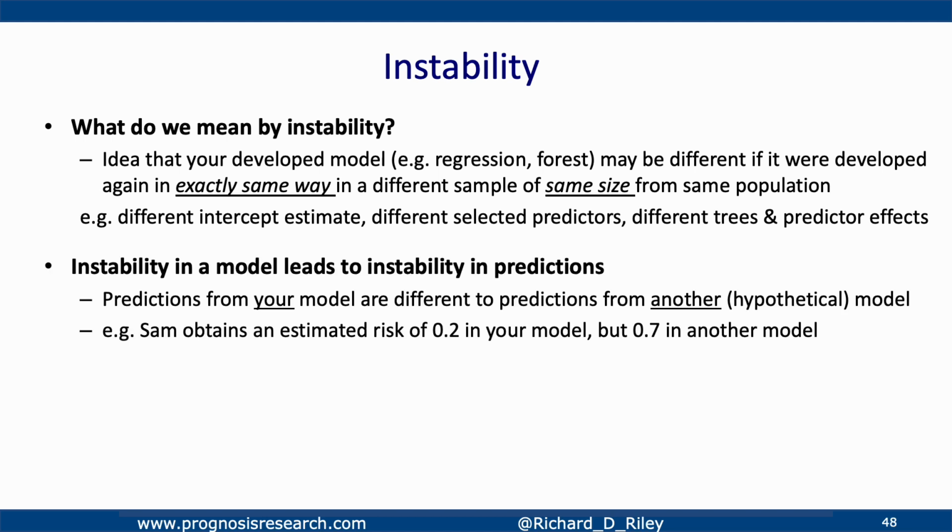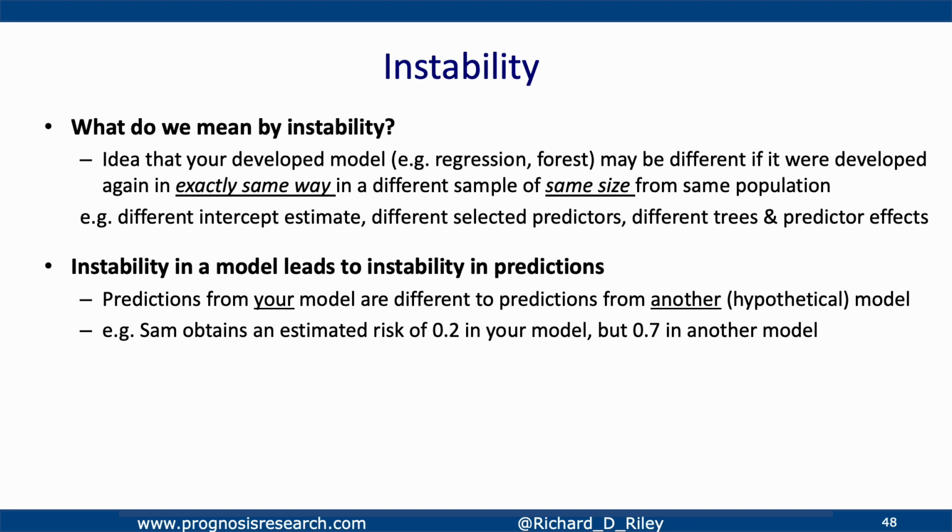You might argue, why is that important? Well, it's important because when your model changes, it means that the predictions for an individual would change. So if predictions from your model are different to predictions from another hypothetical model, then what does that mean?